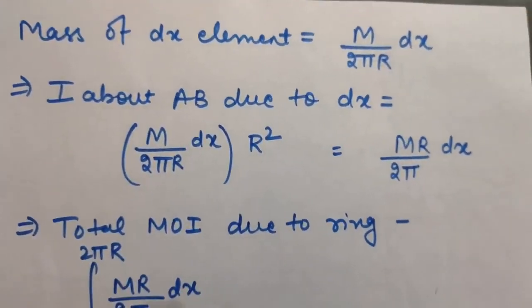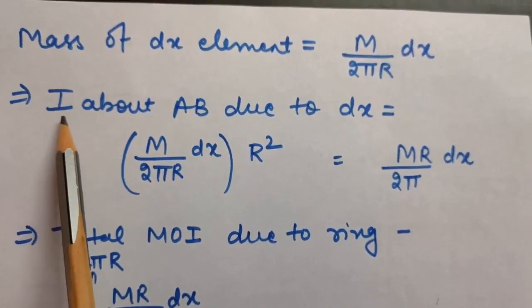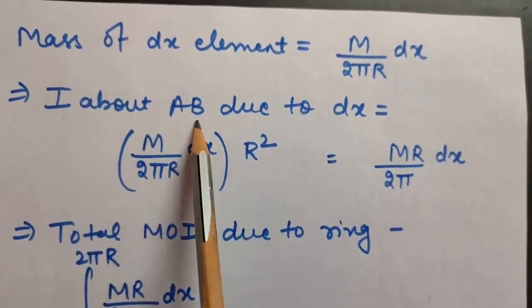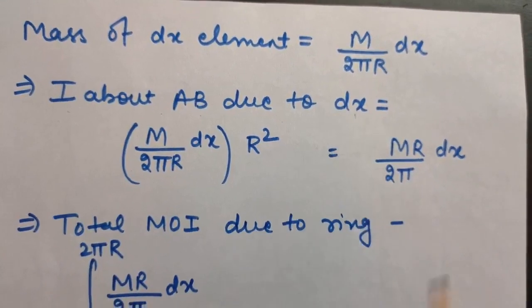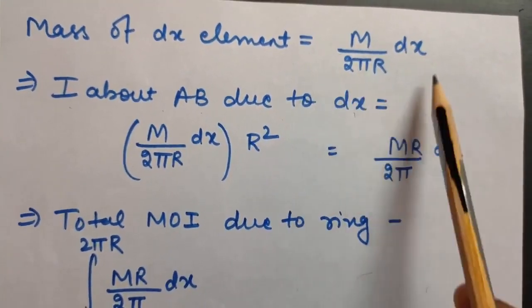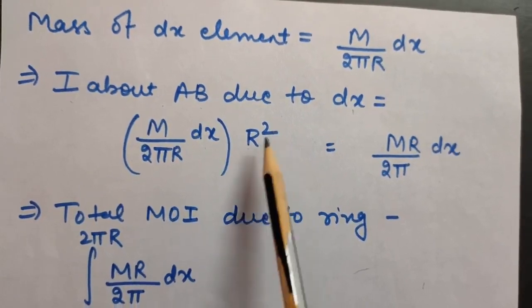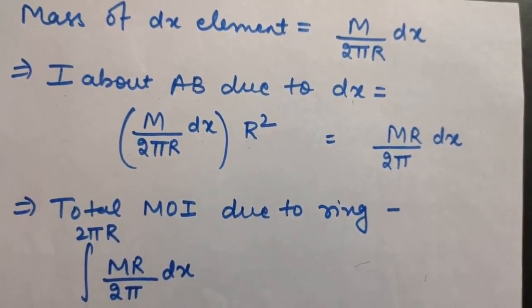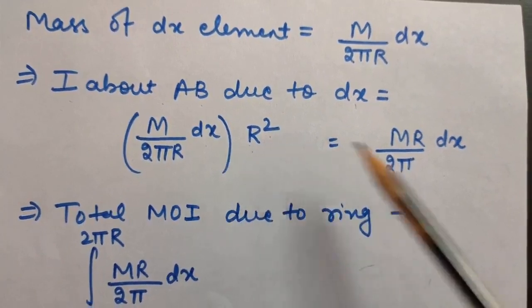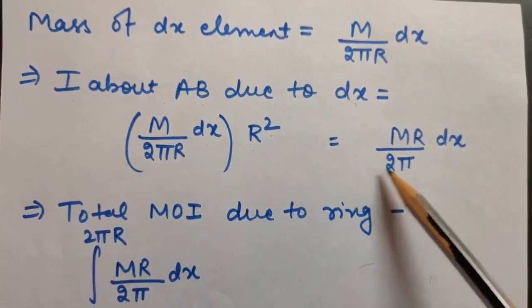Okay, so we will proceed to our second step, that is moment of inertia about the axis AB due to dx element. So that is mass of dx element, that is this, and R square. Capital R square, because R is the radius of the ring. So this R will cancel out, so it will be M R dx upon 2 pi.